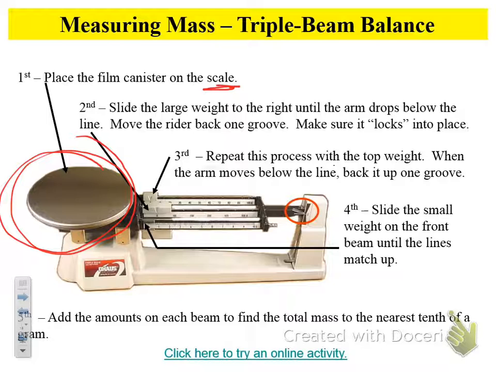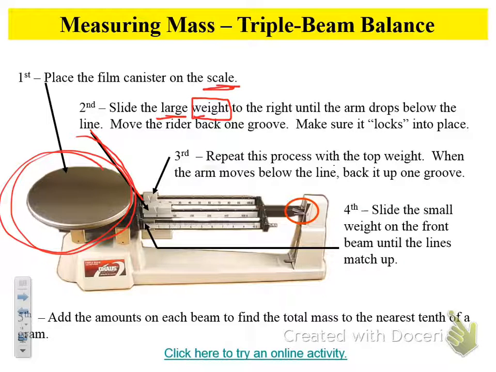Then the second step, we're always going to start with the large weight. Oh, I underlined the wrong thing, didn't I? Weight is what we should have underlined, to the right. So the large weight, where is the large weight? What arm does it sit in? You've got 3 beams. Which one do you notice that it's in, Luke? The middle. So that large weight is the middle, and you can see that arrow in my picture pointing to it. So we always start with the largest.